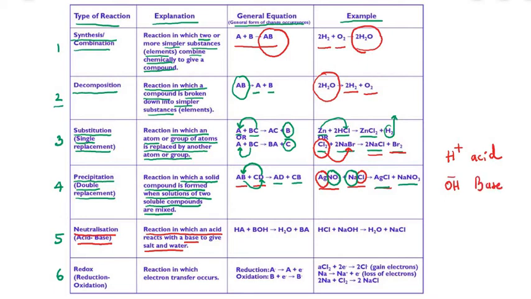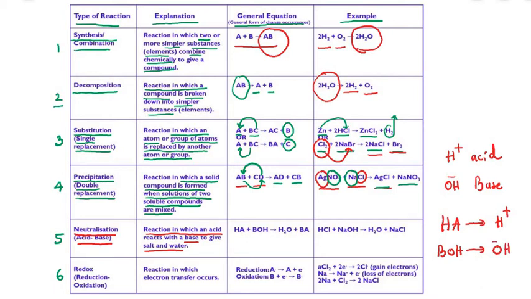So therefore in order to accompany these two definitions, for acid we have taken here HA, because on dissociation it produces H plus. Similarly for base we have taken here BOH, because on dissociation it produces OH minus.